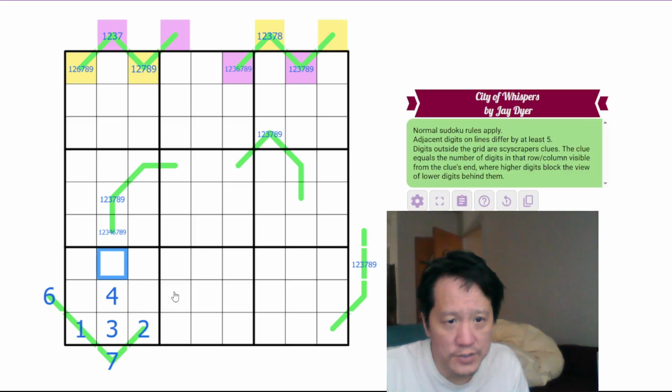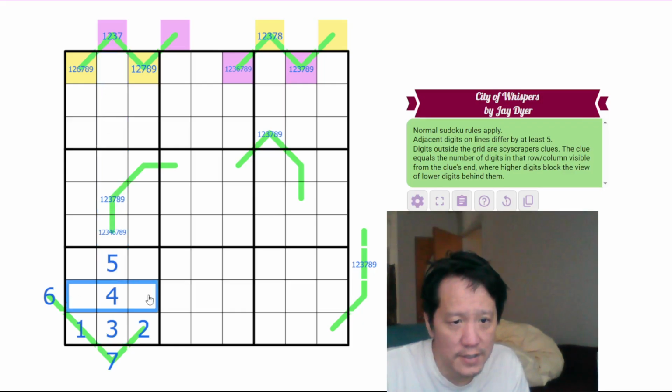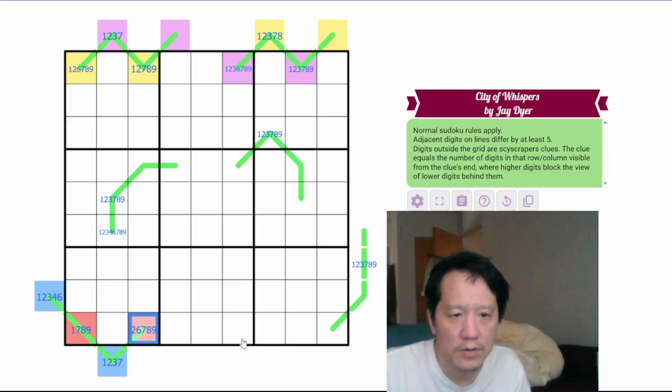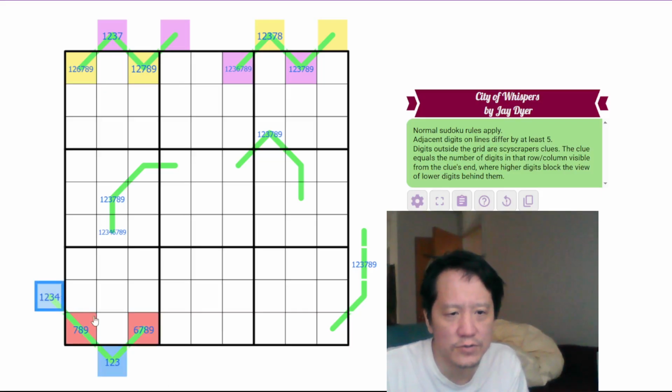That would force this to be 5. And that could see 7. But this is guaranteed to have 6, 7, or 8 here, which means this cannot be 2 highs. So this has to be low here and low here, which makes this high and high. Interesting. So no 1 here, no 2 here, no 7 here, no 6 here.